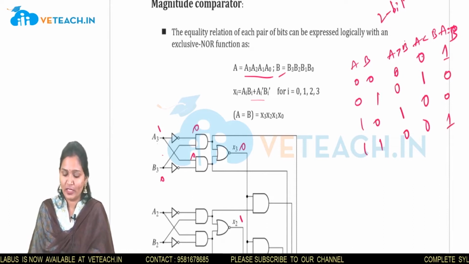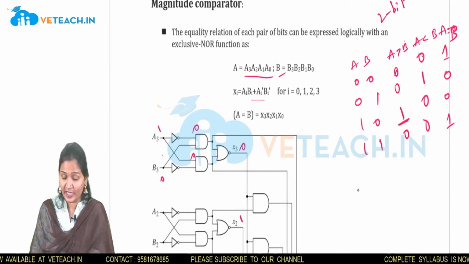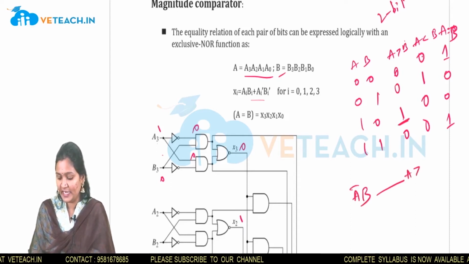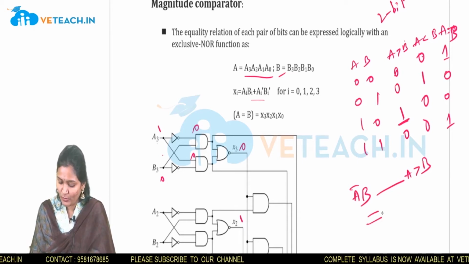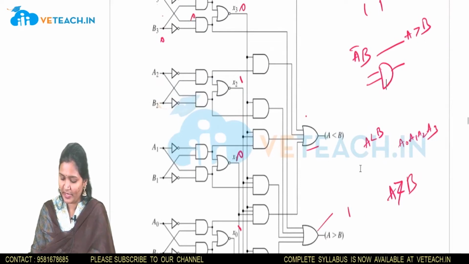Now we will draw the circuit for this. A greater than B means A B bar, so we have to write an AND gate here. I will draw the AND gate here.